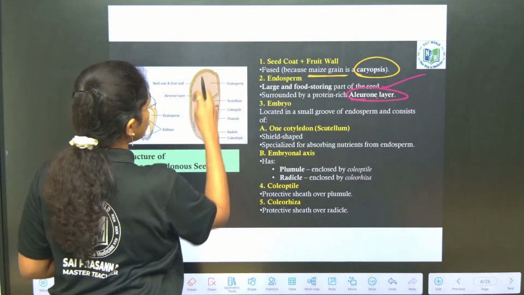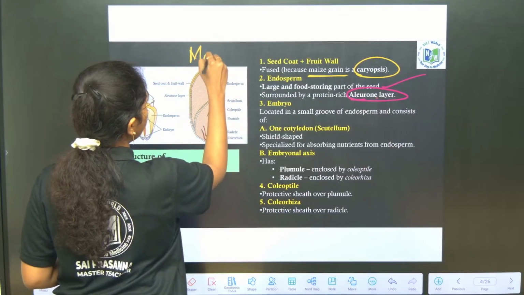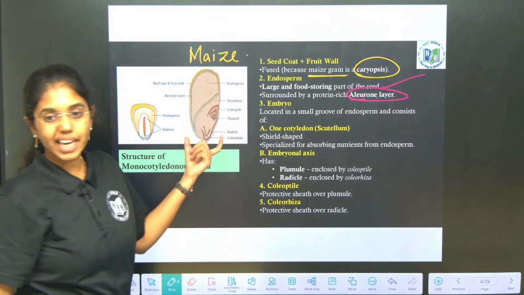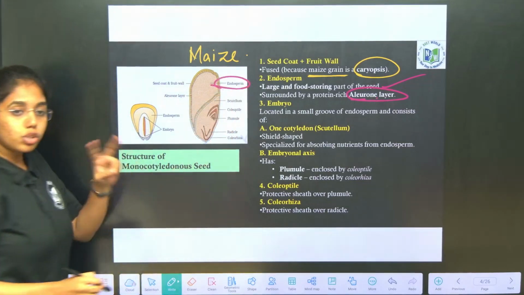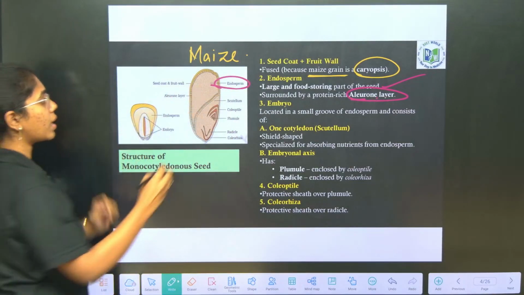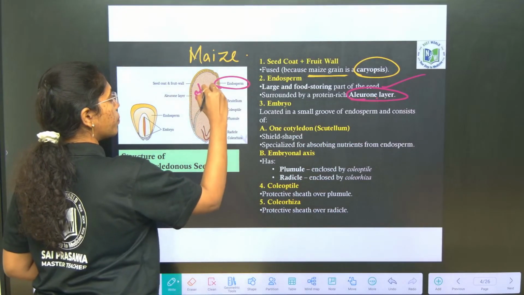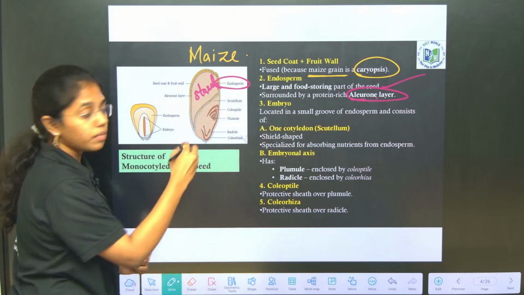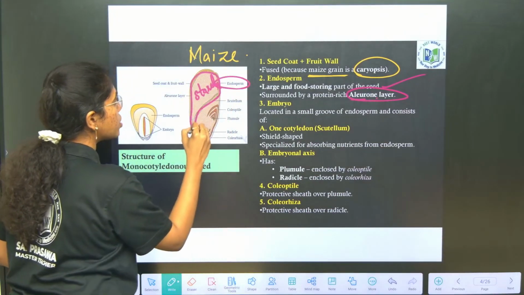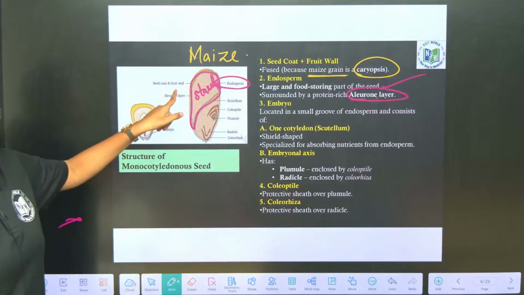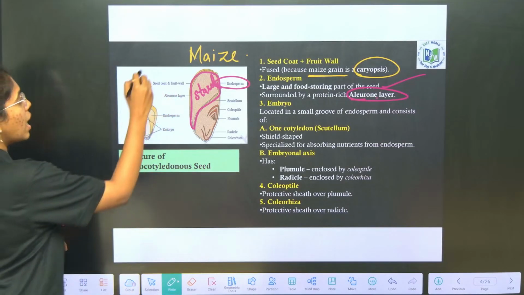You will get questions on this diagram; in NEET 2024, you got a question on this diagram directly. It has two types of endosperm. The inner is the starchy endosperm, which is surrounded by a protein-rich layer. This protein-rich layer is the aleurone layer.